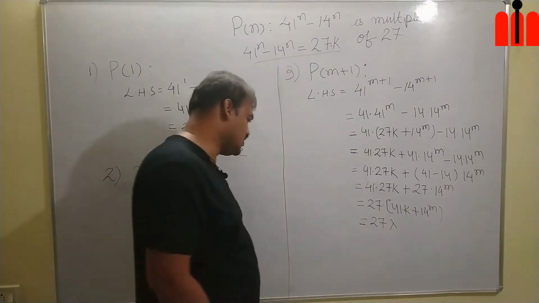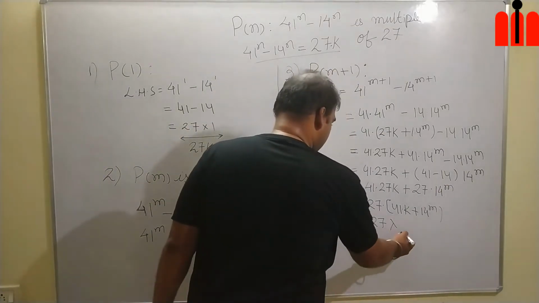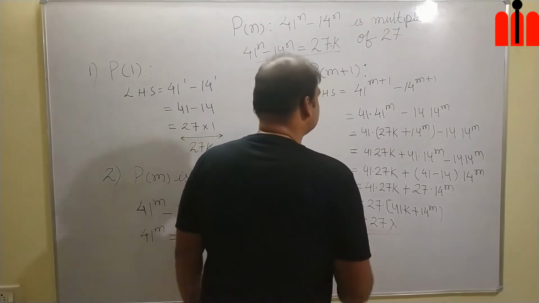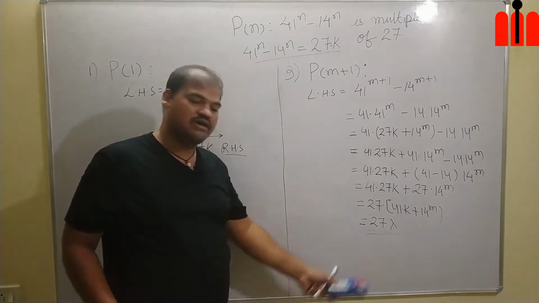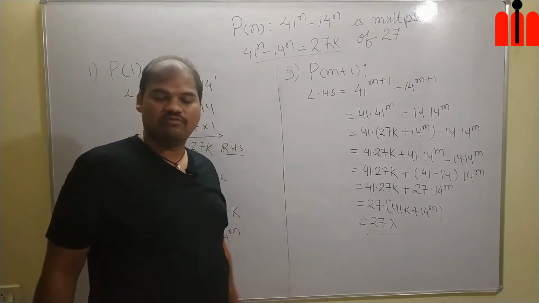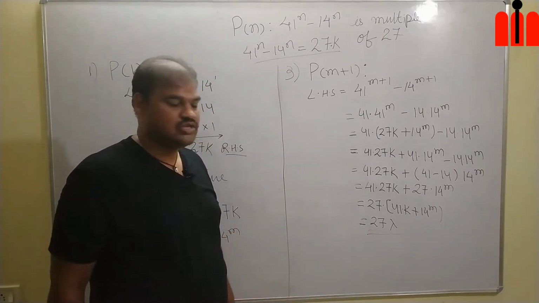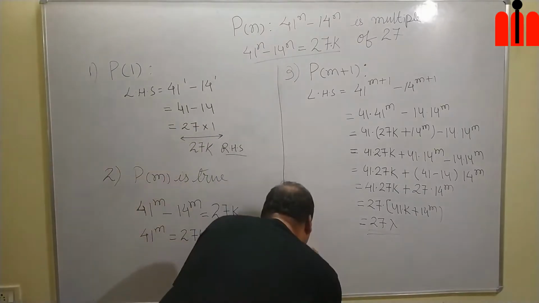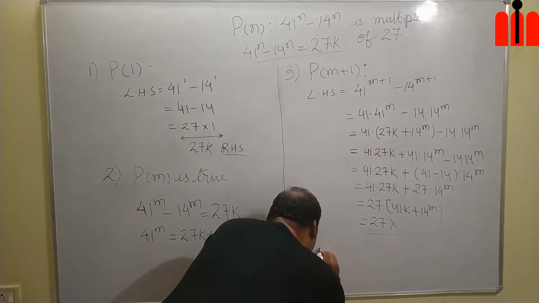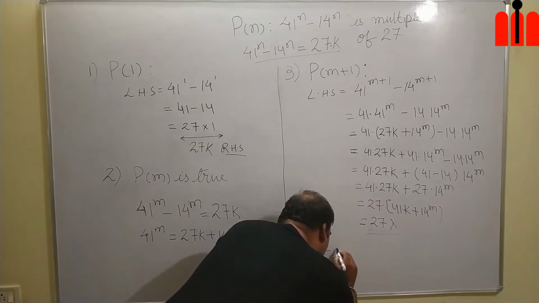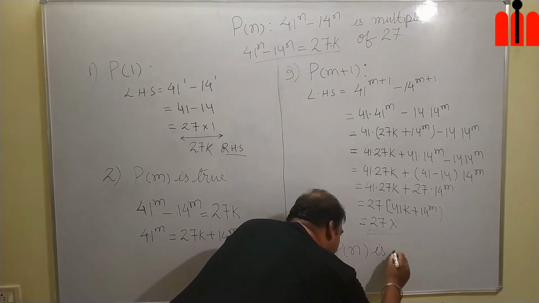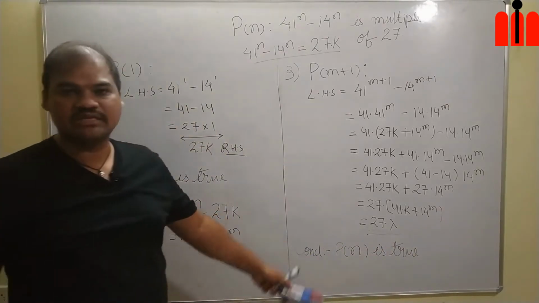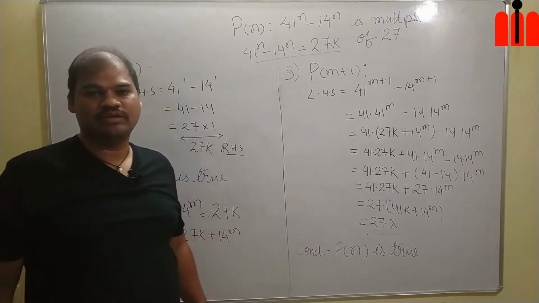So this is what I anticipated in my RHS. My RHS will be 27k. It may be k, it may be L, or it may be lambda, whatever it is, it is in the form of 27k. So my conclusion is Pn is true.